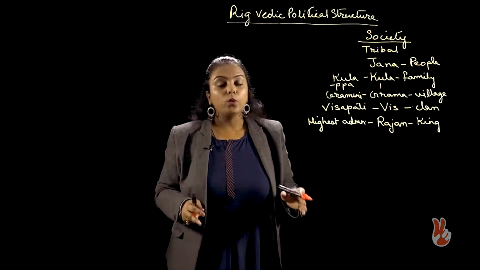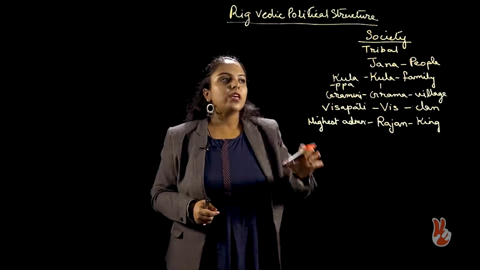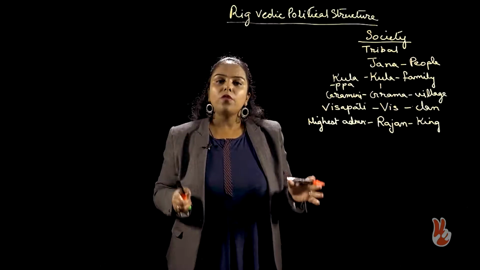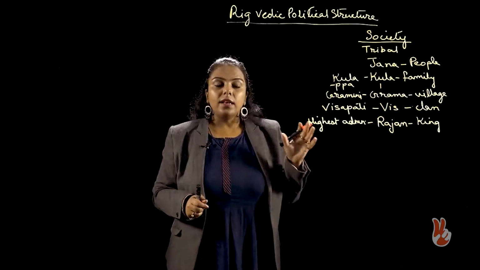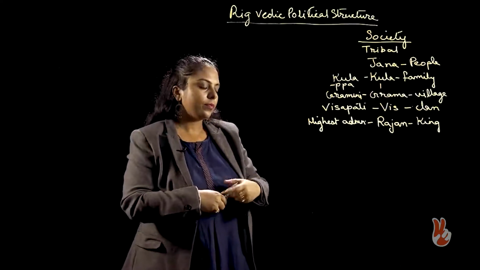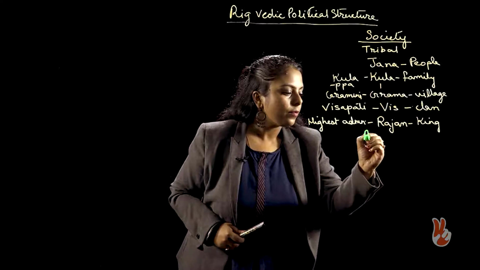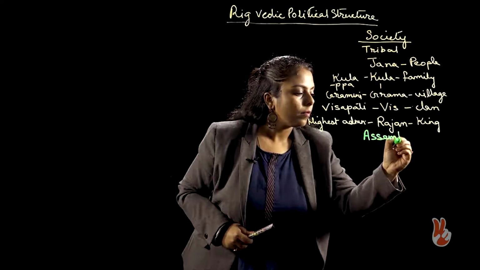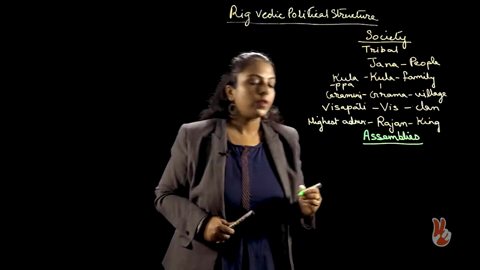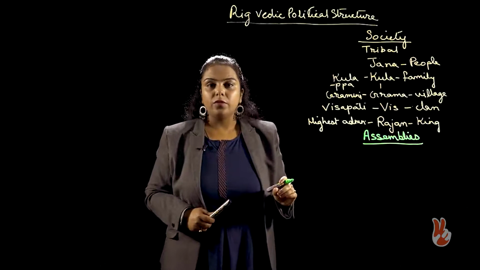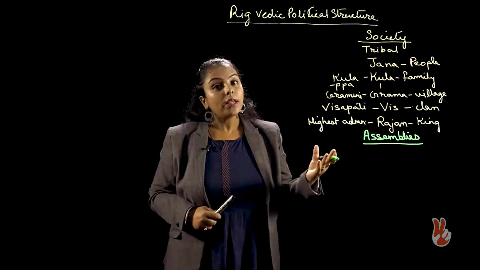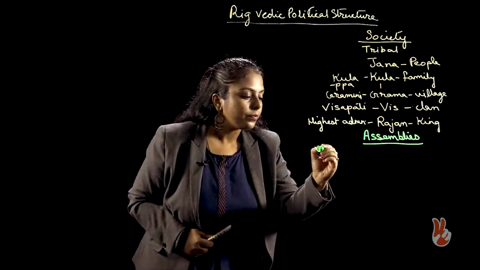Just now I told you about the assemblies. In Rigvedic polity, we see the presence of a few very important assemblies. Let us write the names of such assemblies. The most important assembly, which finds mention in the Rig Veda more than 100 times, is Vidhata.